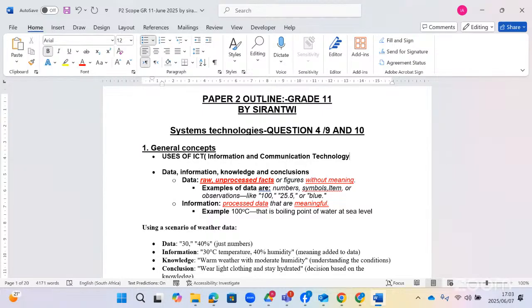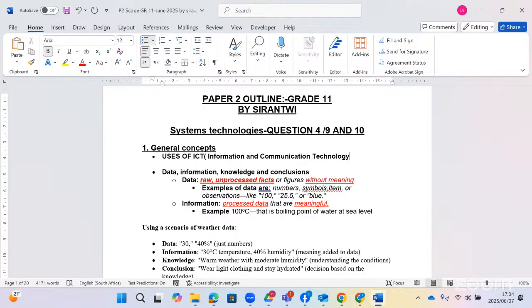Now, you must know the uses of it in various sectors. For instance, it could be in banking sector. What do we use ICT for? In education sector, for instance, for printing learners' marks, capturing learners' marks as well, database that stores the learners' information and educators, SASAMS. If you go to the health sector, to diagnose diseases, taking patients' records and others.